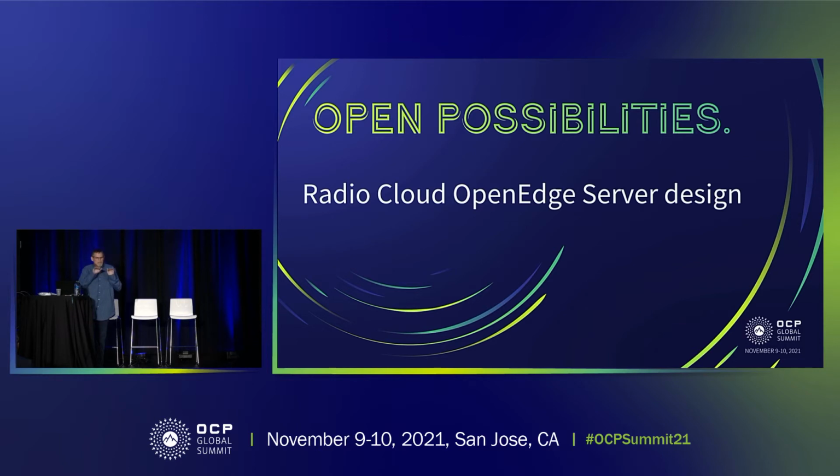There are many different types of sleds, and different types of CPUs on those. In Nokia's case, we have an Intel SP processor. There are others that have Intel D processors, other Xeon SP processors.